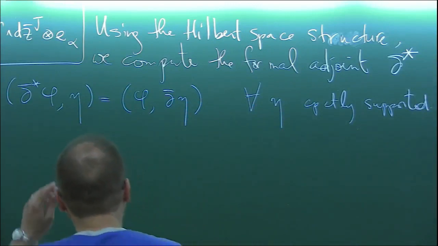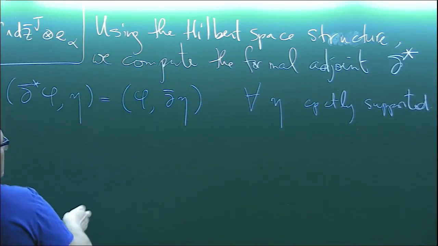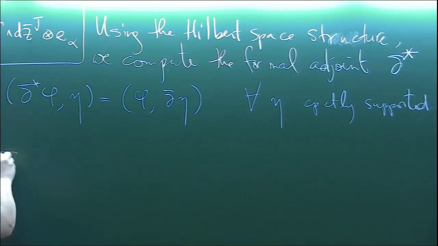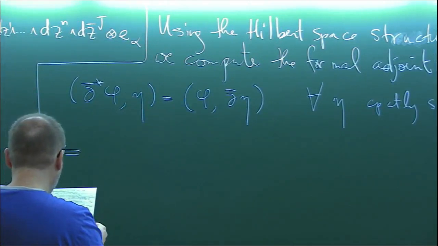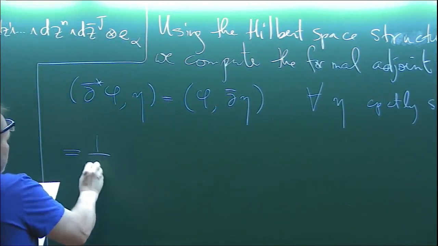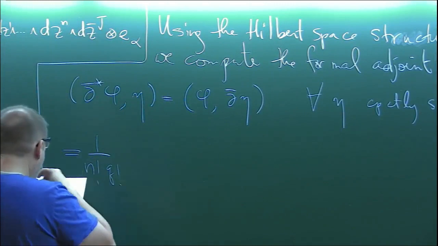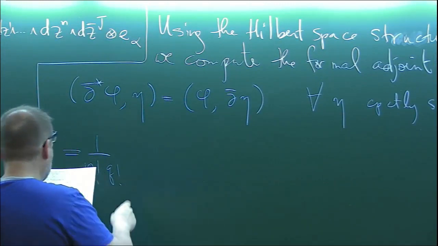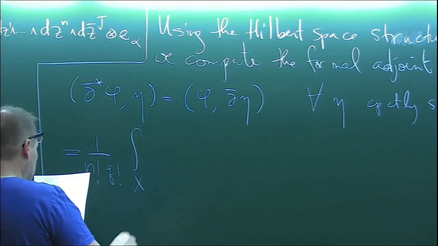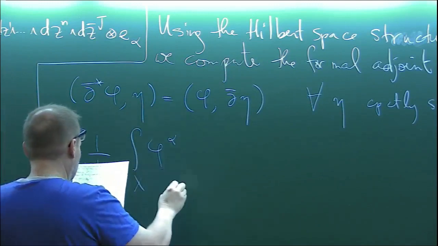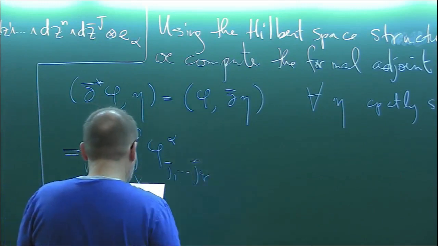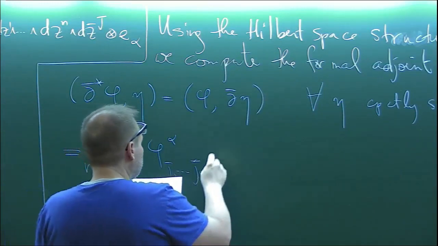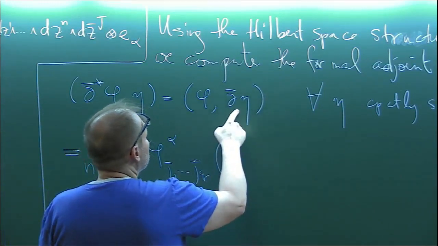Okay, so what is that going to be? That's 1 over n factorial q factorial, the integral over x of phi alpha j1 bar jq bar times d bar of eta.